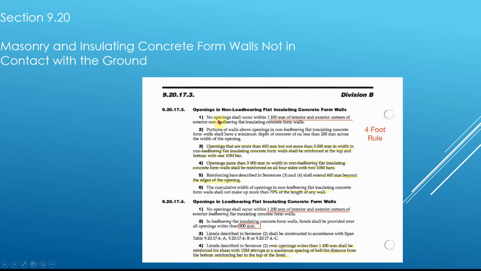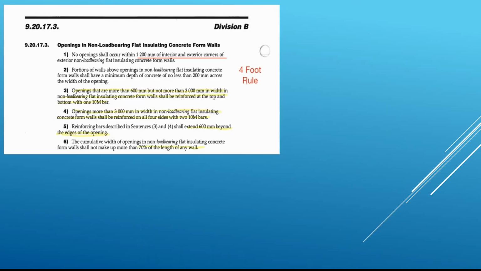But you can see here, no opening shall occur within 1200 millimeters of an exterior corner of a wall, and that's our 4-foot wall. So if you've got an opening that's closer than 4 feet, then you're already kicked out of the National Building Code. You've got to go into the ICFMA manual or an engineering, or as we discussed, some other method other than the building code. Okay, so that's your 4-foot rule.